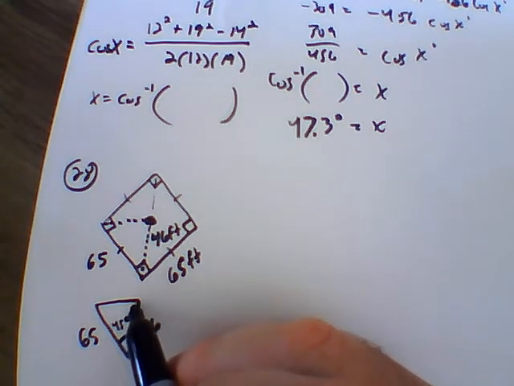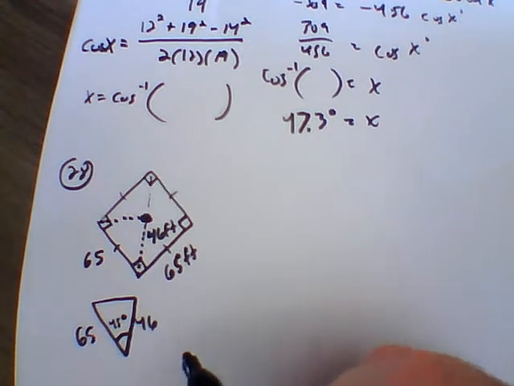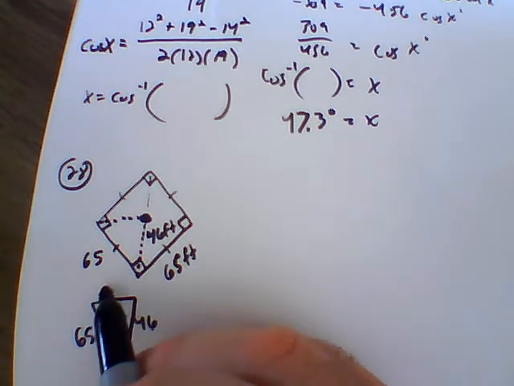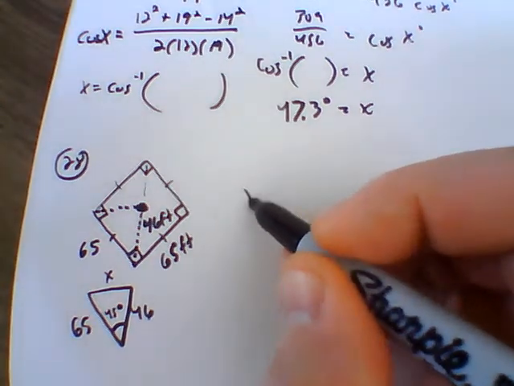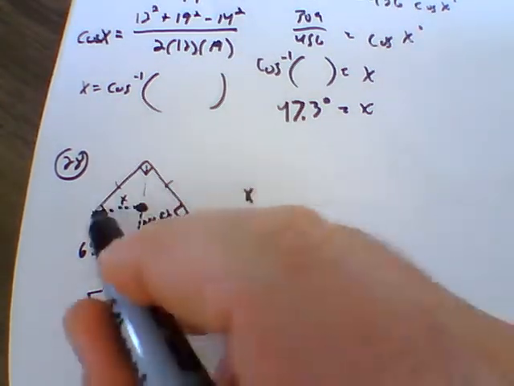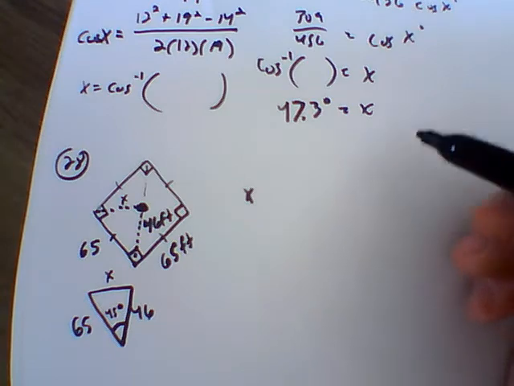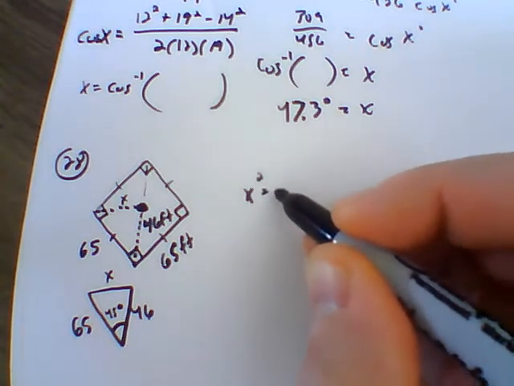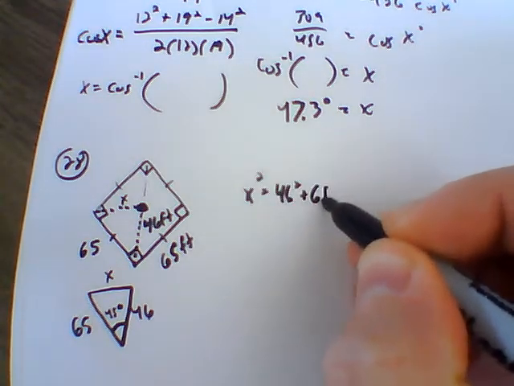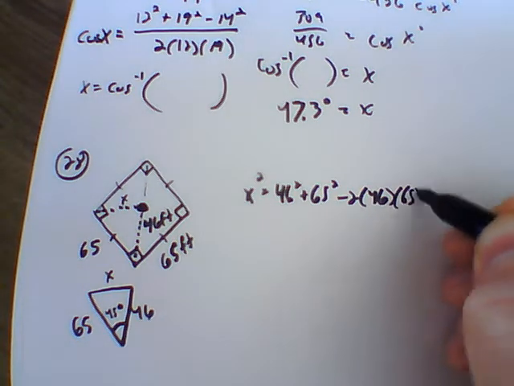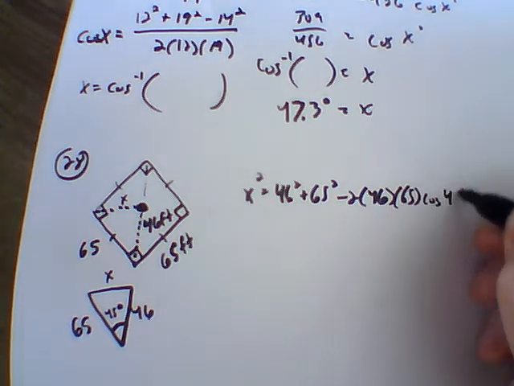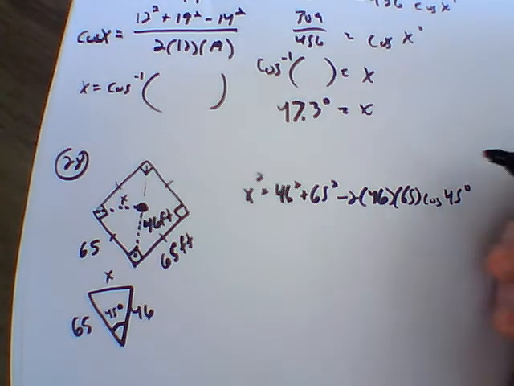Now, what we don't know is that this is a right triangle. We're not given that we have a right triangle here, but we want to find this missing side. So we'll go x, once again the distance right here, drawing that x back on my original picture. So x squared equals 46 squared plus 65 squared minus 2 times 46 times 65, cosine of 45 degrees.